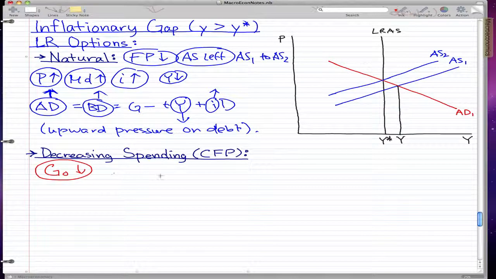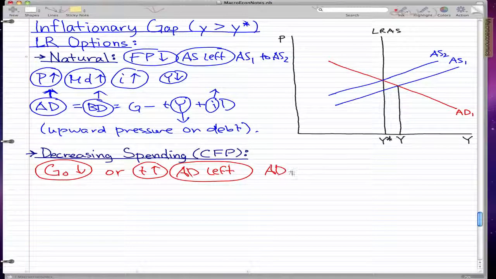we decrease the government spending or we increase our taxes, and that'll lead AD to move left from AD1 to AD2. And so let's reflect this in our graph. Kind of looks like that.